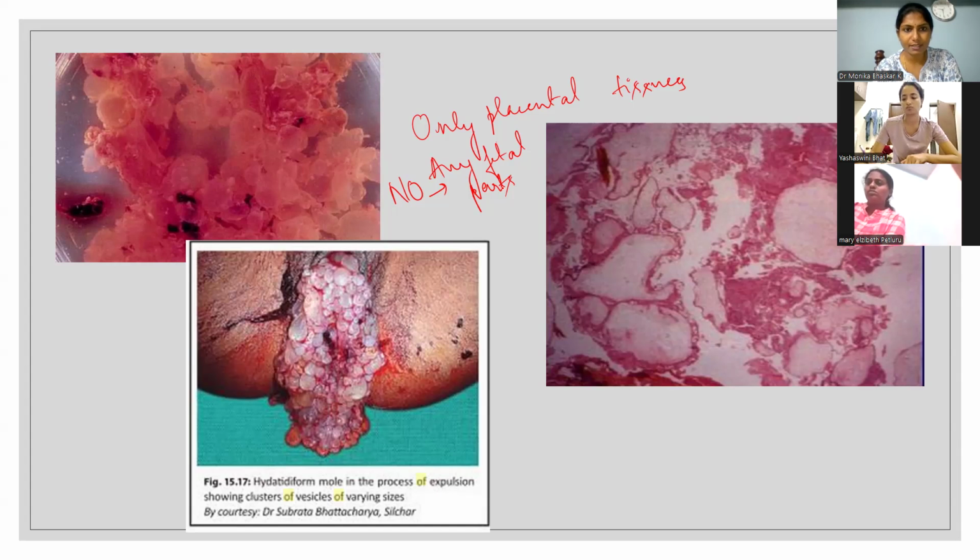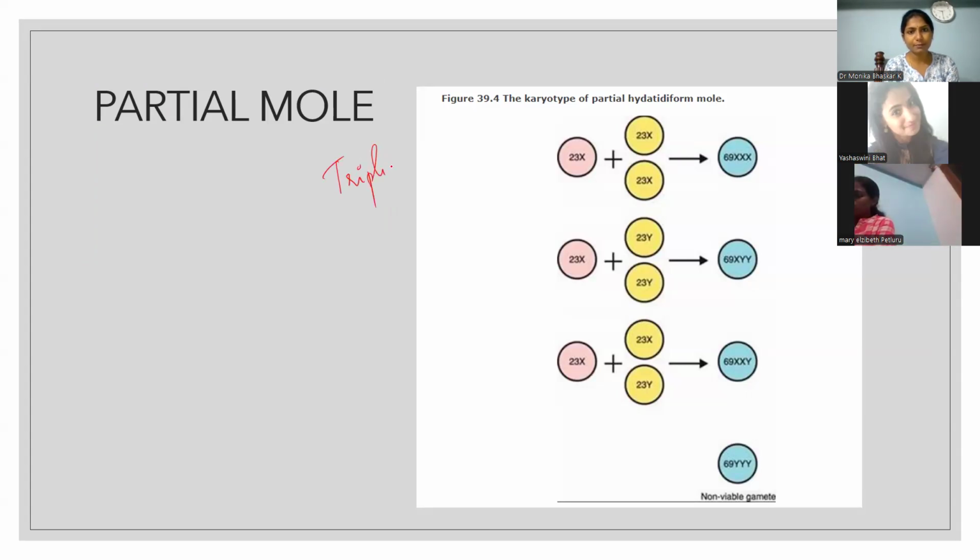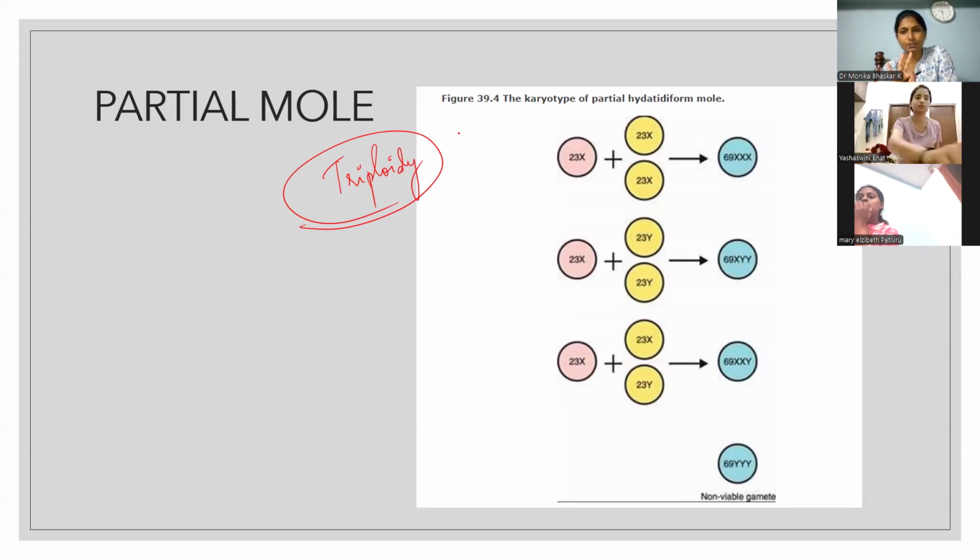Okay. So next, coming to what is the pathogenesis behind a partial molar pregnancy. In partial molar pregnancy, we have to remember the ploidy status is triploidy. That is, there are three sets of chromosomes. In a complete molar pregnancy, there were two sets of chromosomes. But in a partial molar pregnancy, there are three sets. So we can see a single ovum either fertilized by two sperms, which is called diandry.